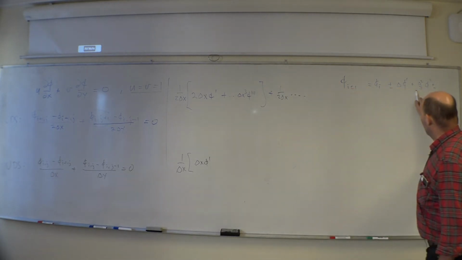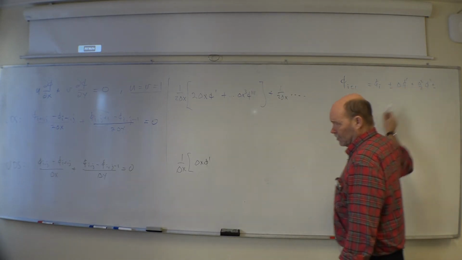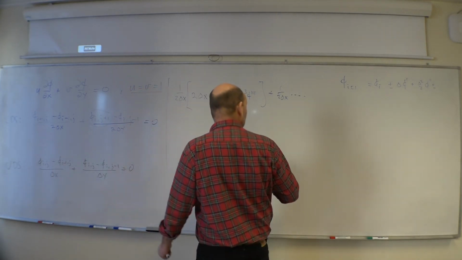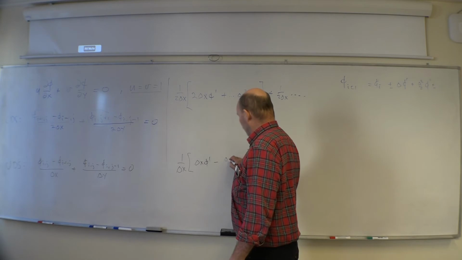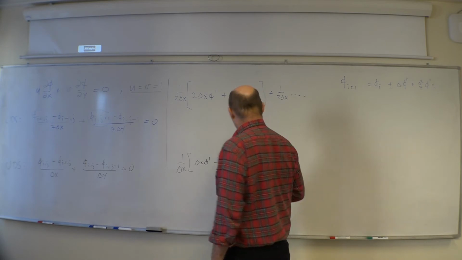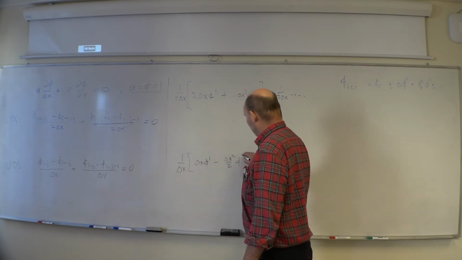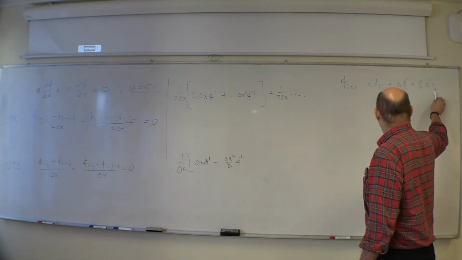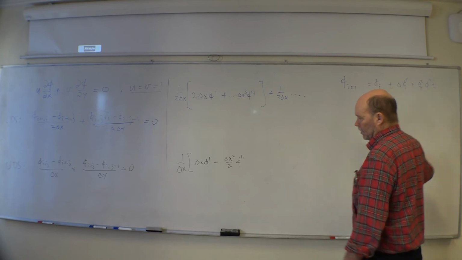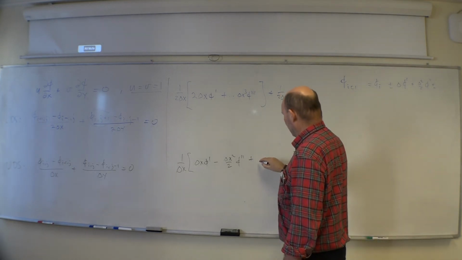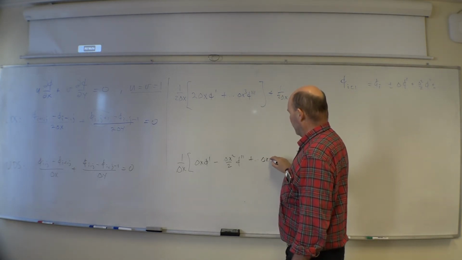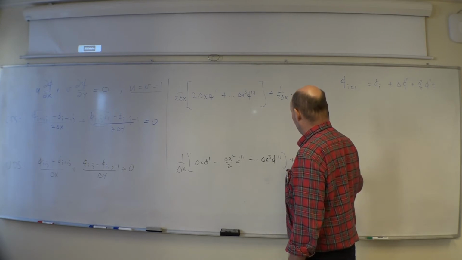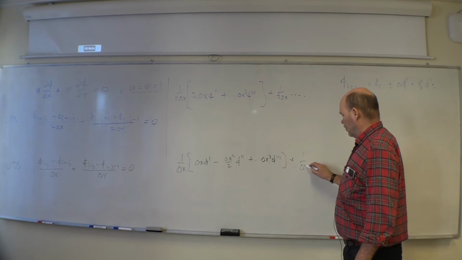Then the next will be negative since it's a minus here, so I will have minus delta x squared half phi double derivative, and the next one will be negative, negative will be positive. That will be something delta x cubed phi triple derivative, and then the same in the y direction.